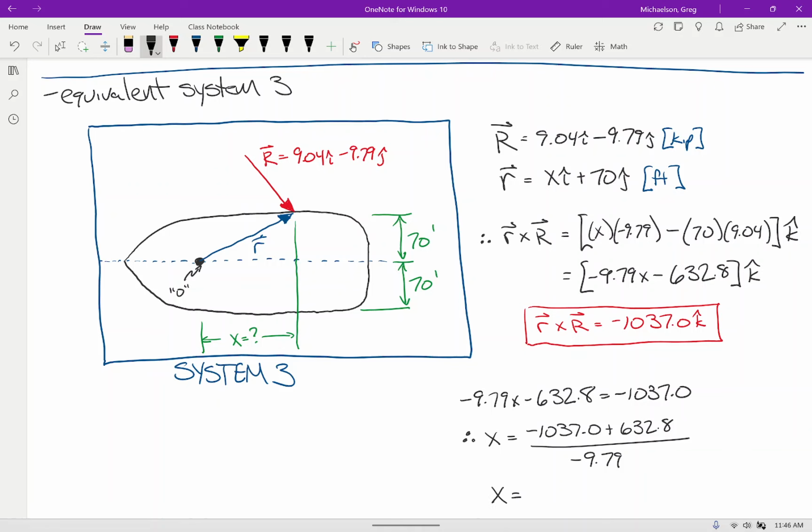And what do we get for x? Say again? 41.29, so maybe call it 41.3.